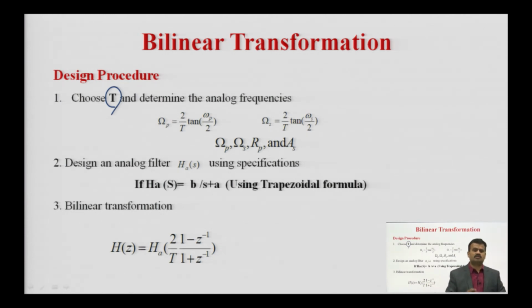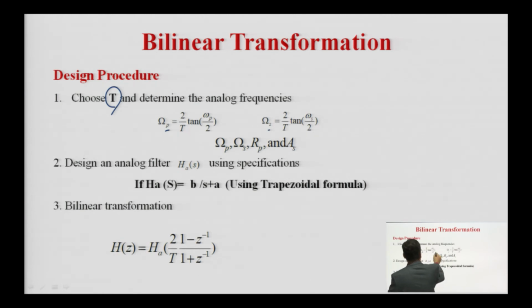So, at first you have to select capital T, that is the sampling time, and after selecting capital T, determine your frequencies. Now, you have to determine the frequency for your stop band and pass band. Here S and P: P means pass band, S means stop band.